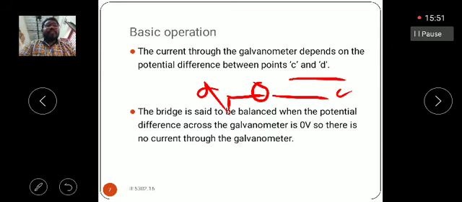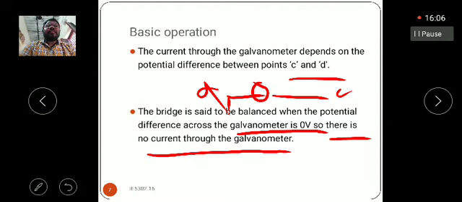The bridge is said to be balanced when the potential difference across the galvanometer is 0 volts. If the potential difference between these two points is equal to 0, then there is no current through the galvanometer. The current passing through the galvanometer is equal to 0.